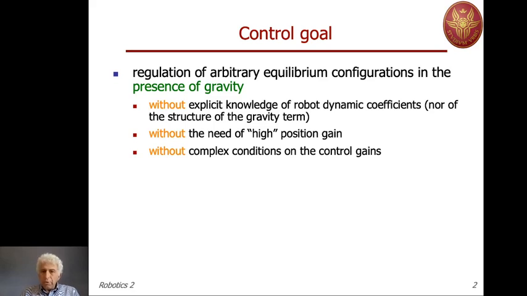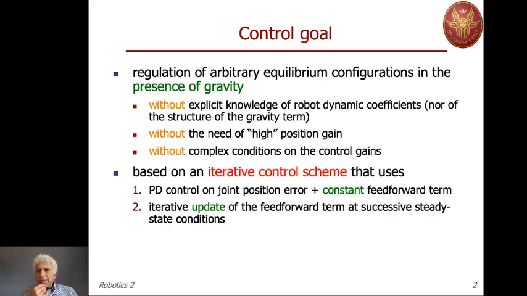We don't make use of high positional gains, which would reduce, although not eliminate completely, the position error at steady state. And differently from the use of PID or saturated PID, we would like to find a control scheme that does not require special conditions on the control gain to be chosen, which would guarantee convergence.